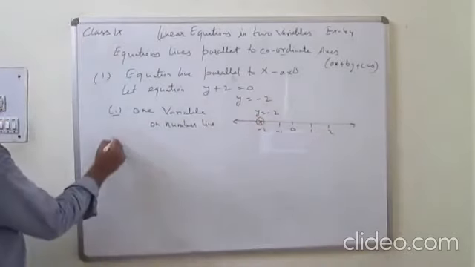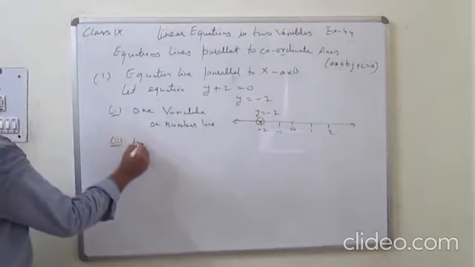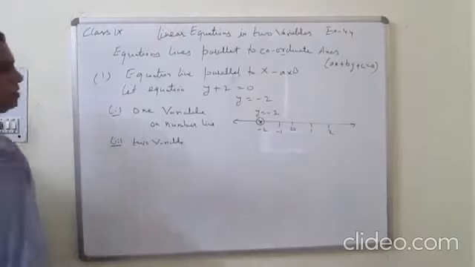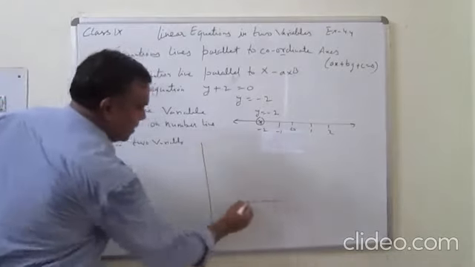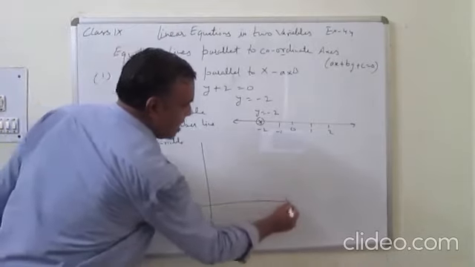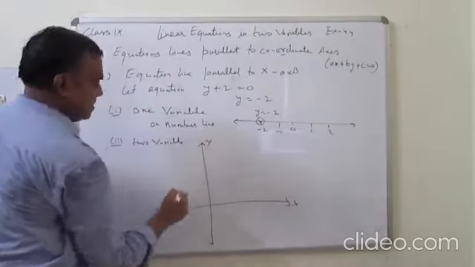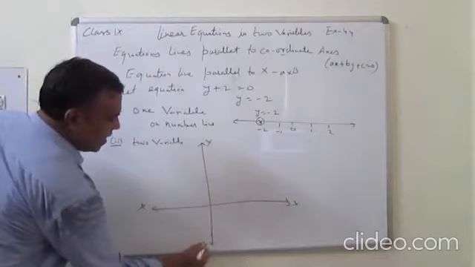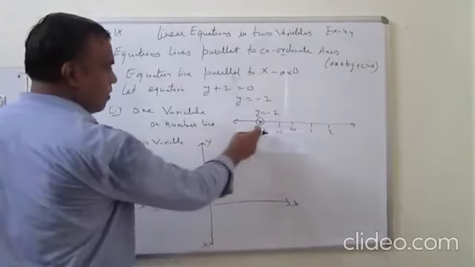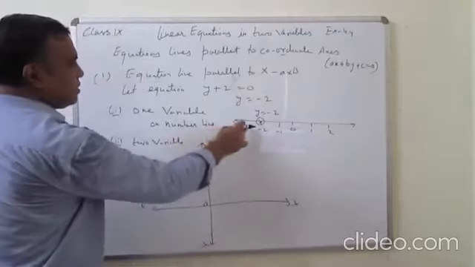Now in two variables, draw a Cartesian plane. This is x-axis, y-axis, x dash, y dash. This is the origin.